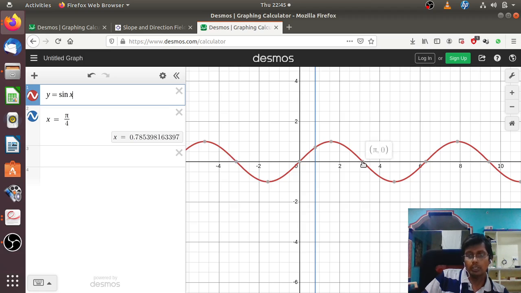Once it reaches this point, what is x dot? x dot is 0. What does that mean? There is no change in x. So if my initial condition is in this region, then I will reach over here, which is pi.